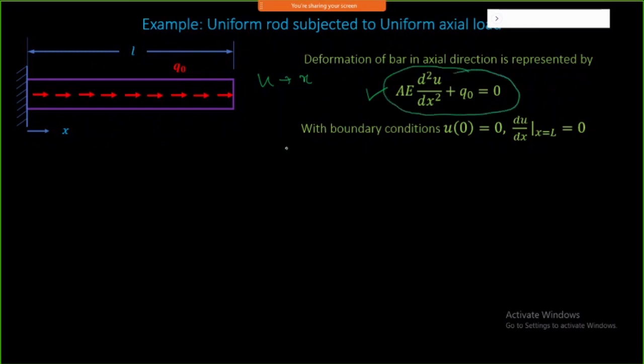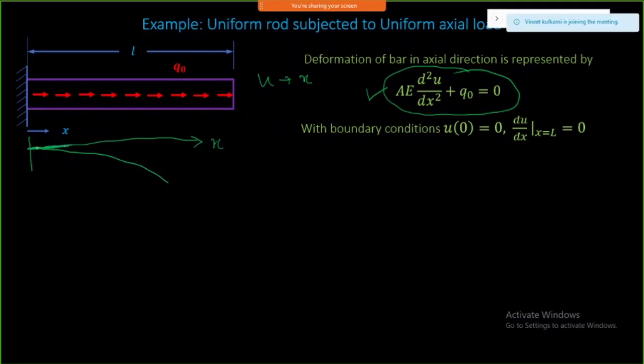Okay. And what are the boundary conditions? At this end, my displacement is 0. Along with this displacement, I have a slope. Means if I plot this with respect to x, this is my x-axis, displacement will be like this, and the slope or tangent at this particular point, I can say du by dx, is 0.